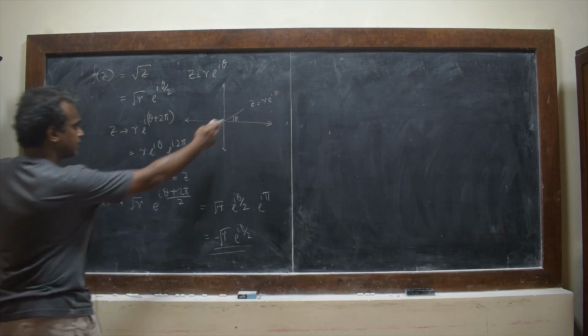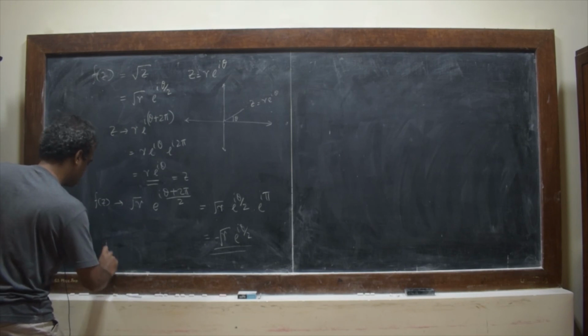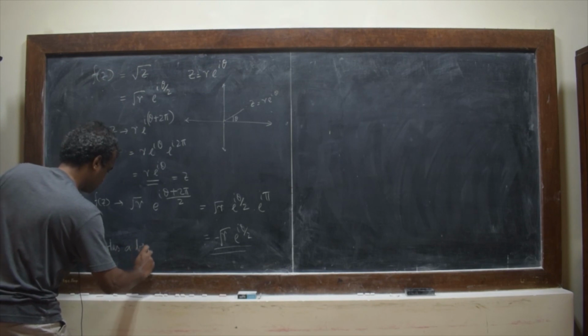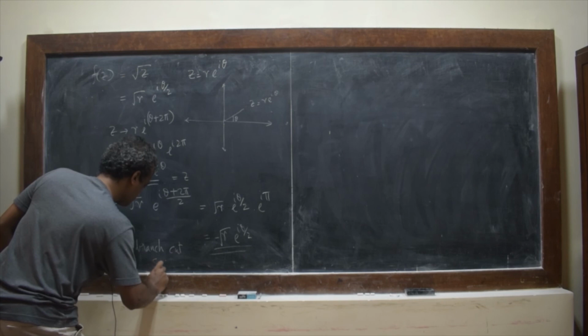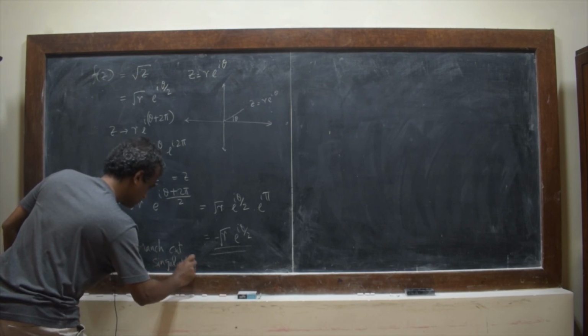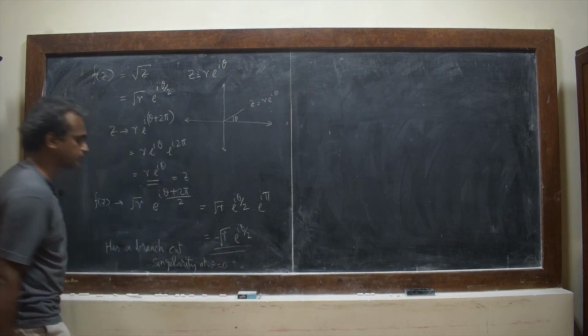We say that in this case the function has a branch cut singularity at z equal to 0.